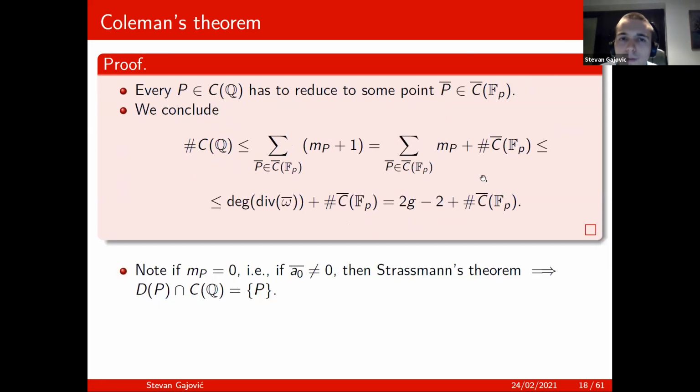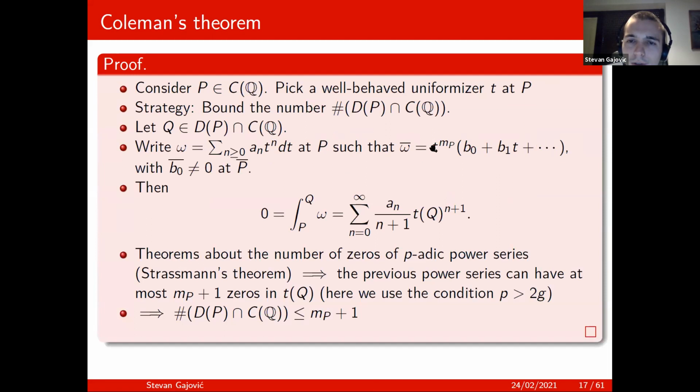And to conclude, we need to sum over all residue disks, because all rational points have to reduce to some residue disk modulo p. If we forget about m_p and sum 1 over all points of F_p, we get just the number of F_p points. We can also recognize this number as the order of vanishing of omega bar at P bar.